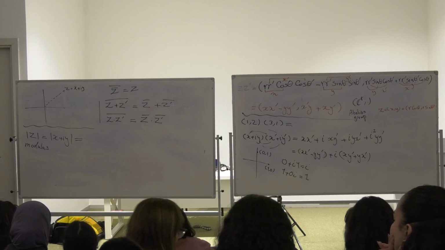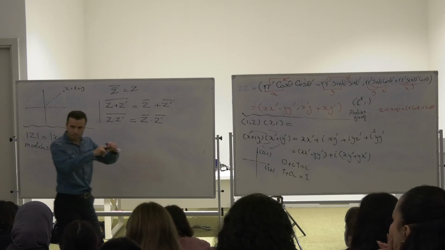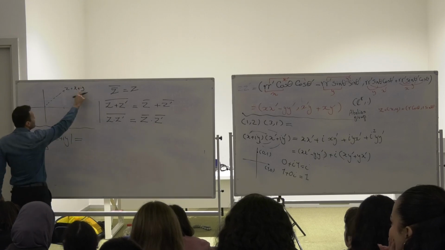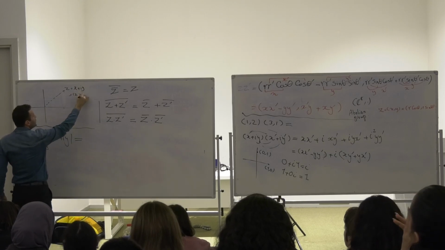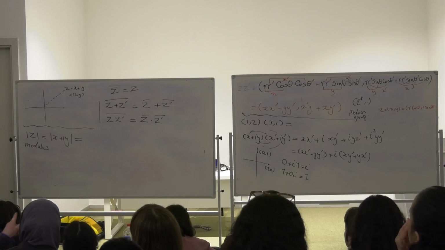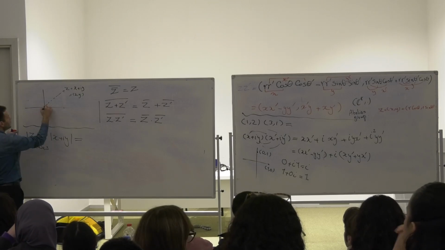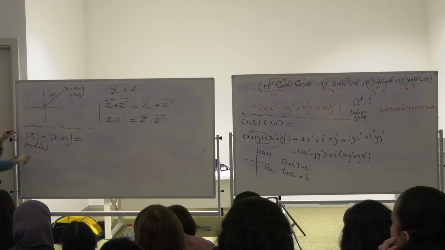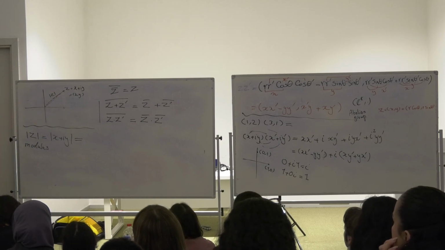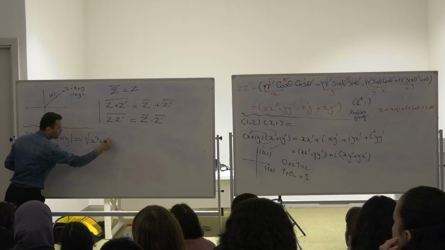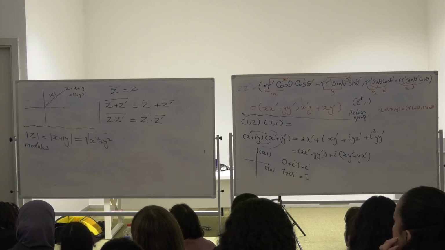It is going to be the distance from that point to the origin, right? If this is our point (x, y), what is that distance from 0? What is the absolute value of z? Yes, the square root of x to the power of 2 plus y to the power of 2. Good?